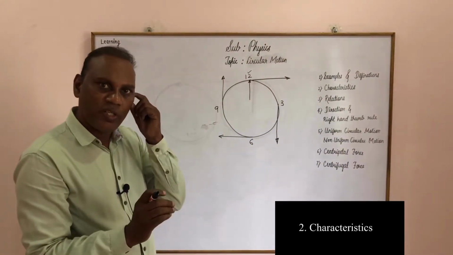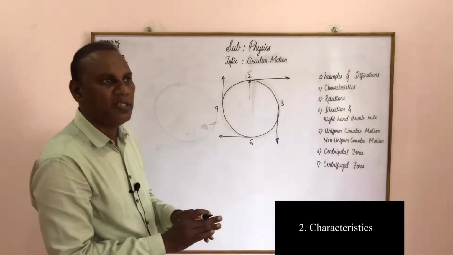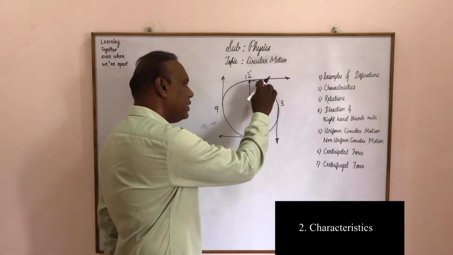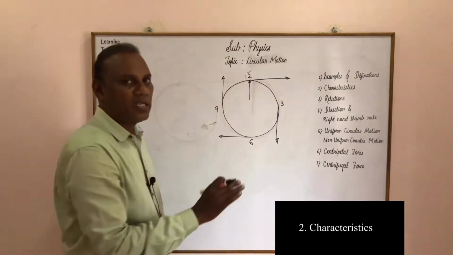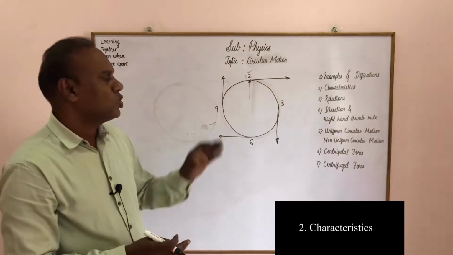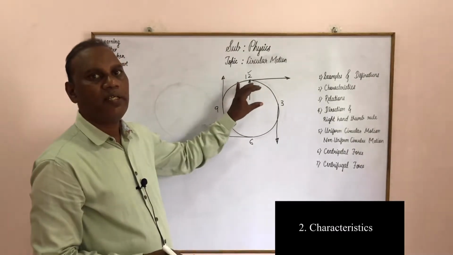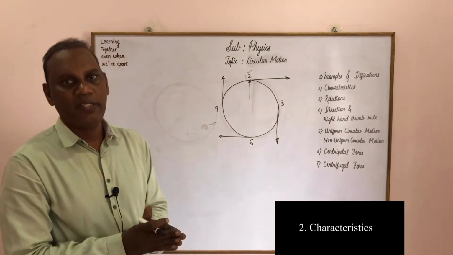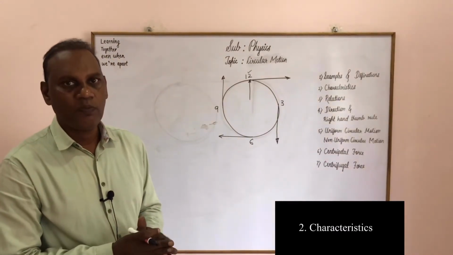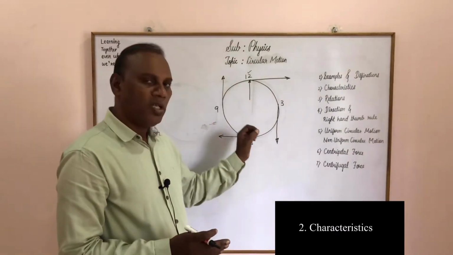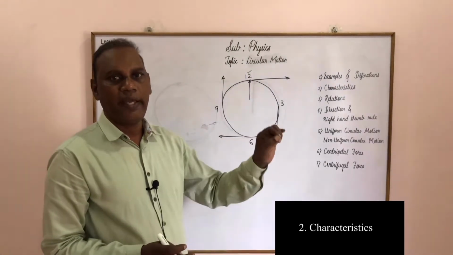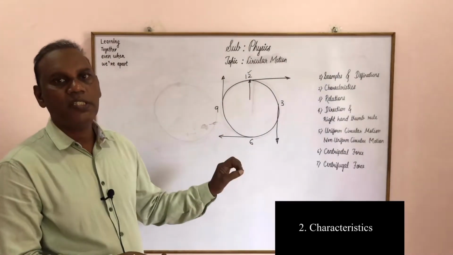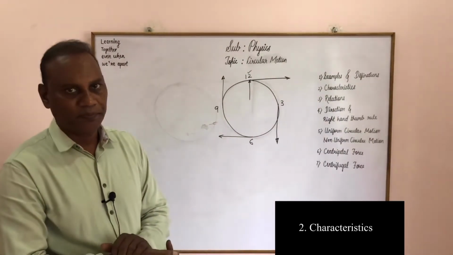So motion which repeats after equal intervals of time along the same trajectory is called periodic motion. So circular motion is a periodic motion. So there are 2 characteristics of circular motion. First, circular motion is an accelerated motion, and second, circular motion is a periodic motion.